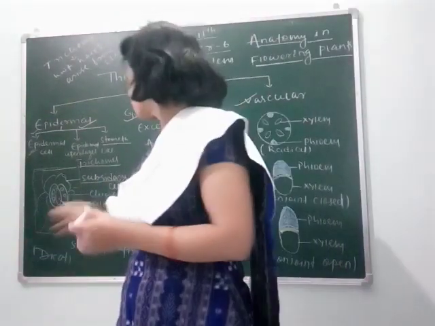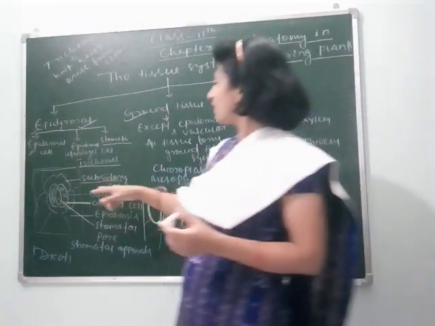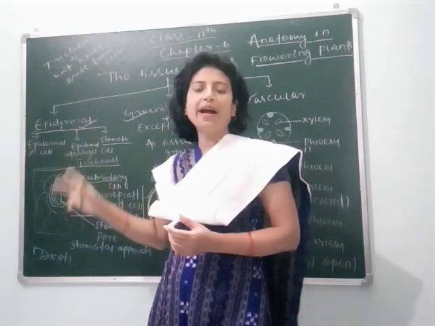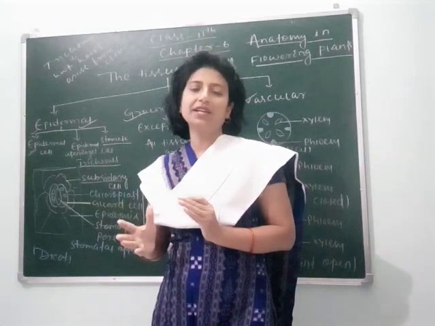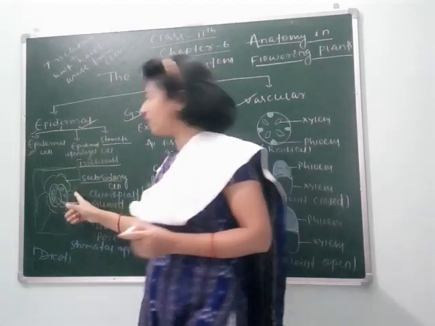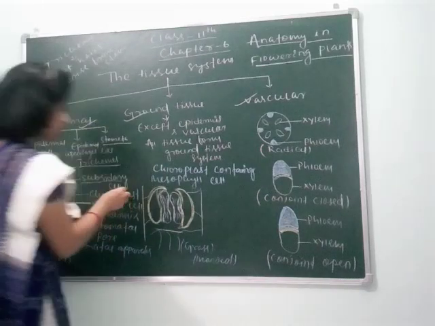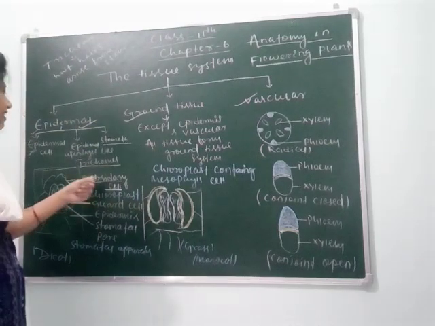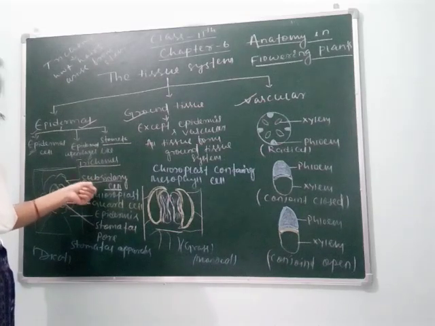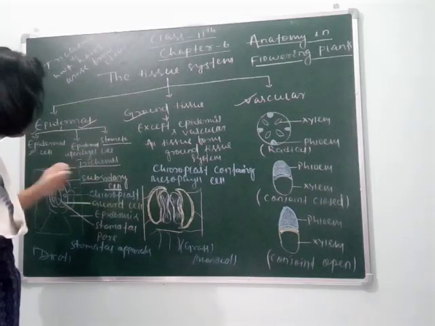Subsidiary cells are those cells which are present outside the guard cells and they can change their shape by changing the amount of water. They are the specialized cells present around the guard cell.